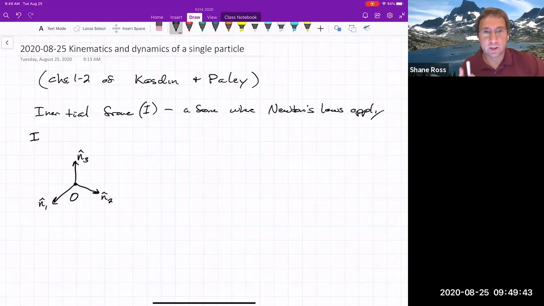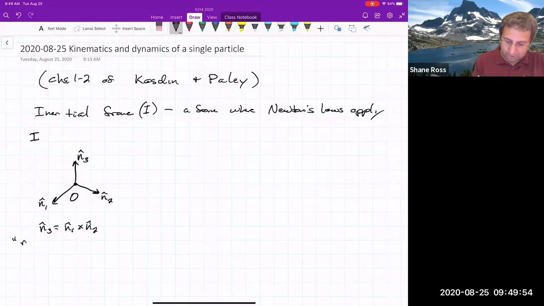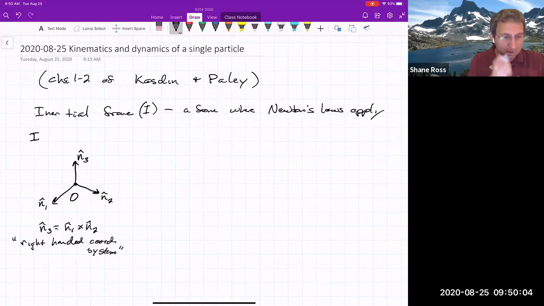So n1 cross n2 equals n3. Maybe I'll just put that here. This makes this a right-handed coordinate system. And that's important for when we eventually take cross products and things for mechanics purposes.